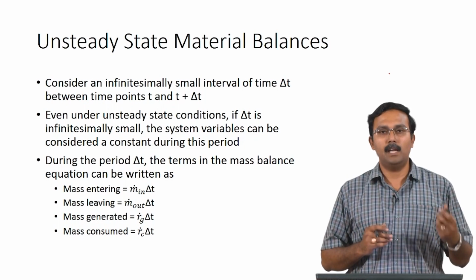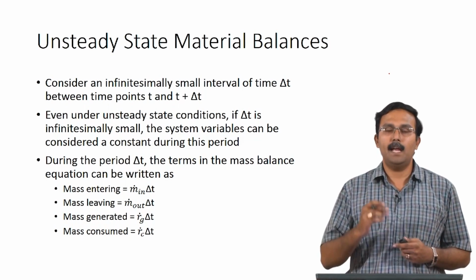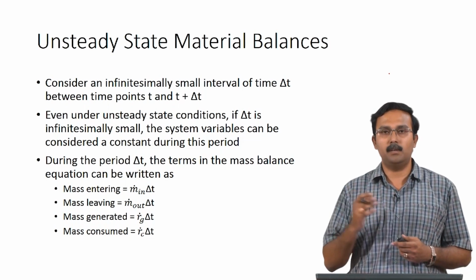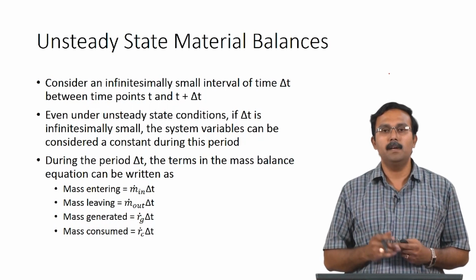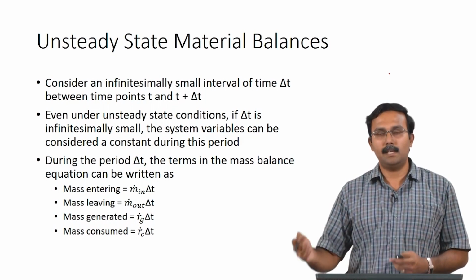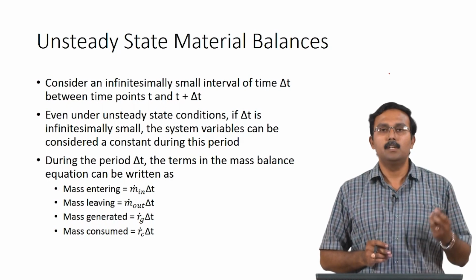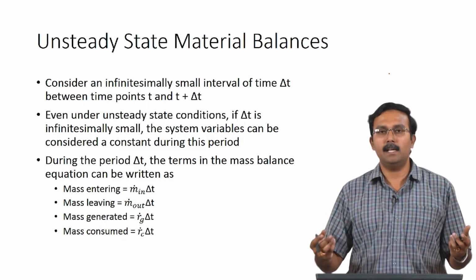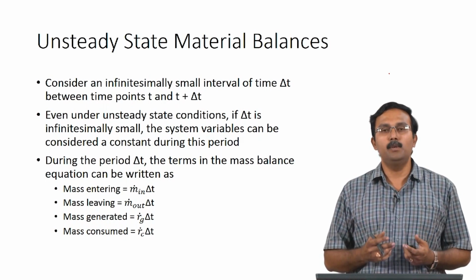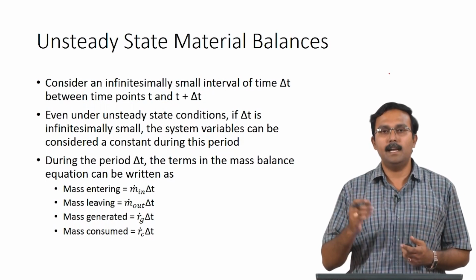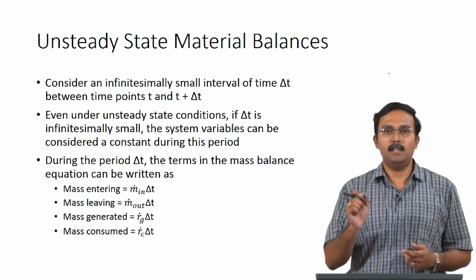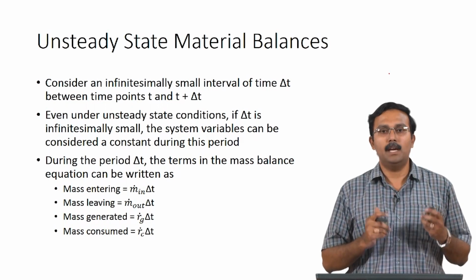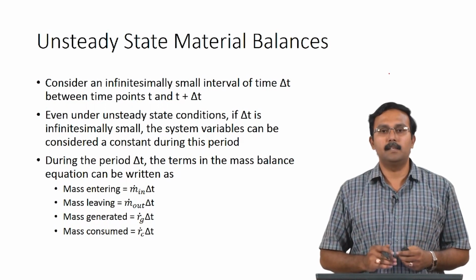If we were to calculate mass entering, it would be m dot in, which is the mass flow rate for the inlet stream, times delta t, which is the time period we are looking at. So it will be a flow rate times time. That will give you the mass which is entering the system during the time period delta t. So that is m dot in delta t.